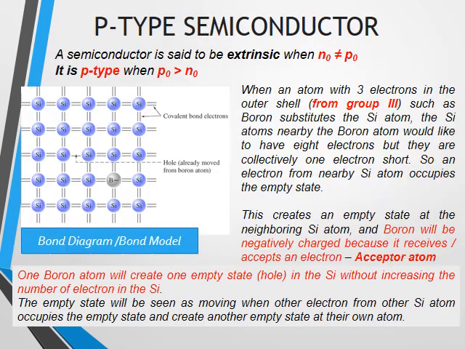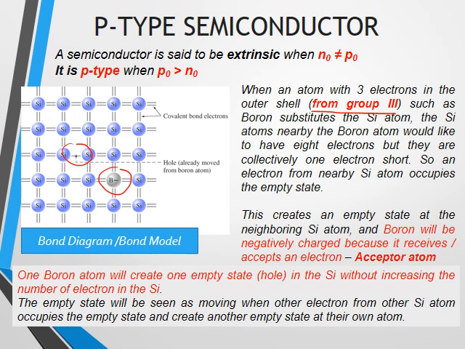Next, we are going to discuss the P-type semiconductor. When an atom with 3 electrons in the outer shell from group 3, such as boron, substitutes the silicon atom, the silicon atoms nearby the boron atom would like to have 8 electrons, but they are collectively 1 electron short. So, an electron from the nearby silicon atom occupies the empty state.